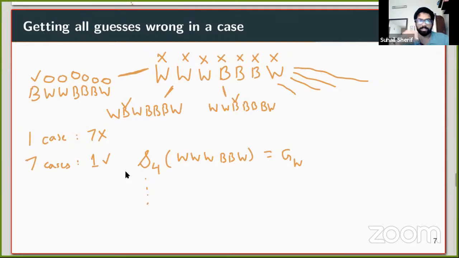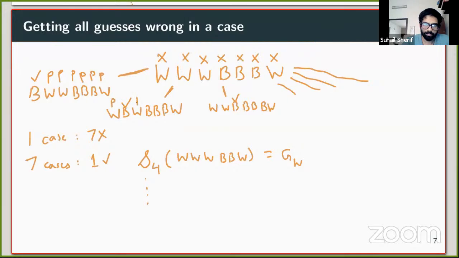But 6 others are not losing. 6 others haven't guessed right now. Maybe we'll make them pass. So we'll make all the other people pass in these cases. And so it'll be 1 correct, 6 passes, and the team wins in each of these cases. That means we shall modify the strategy somehow. So right now we haven't yet specified, but you're right. What we should say is that we should modify the strategy to make sure that all of these, instead of being unspecified, are actually passes.